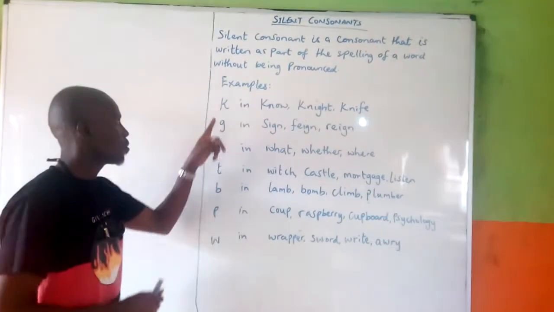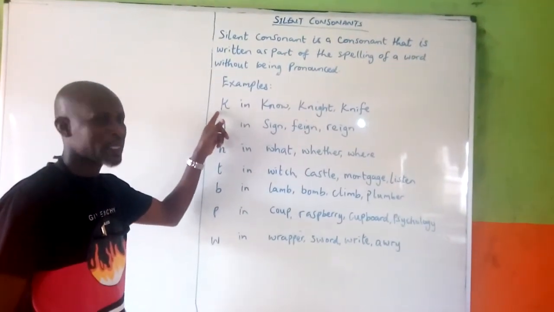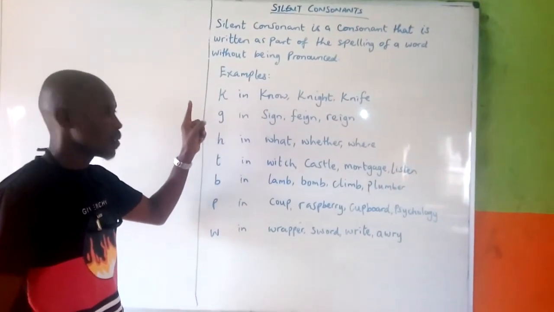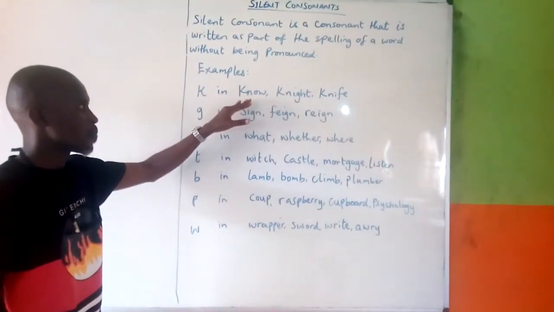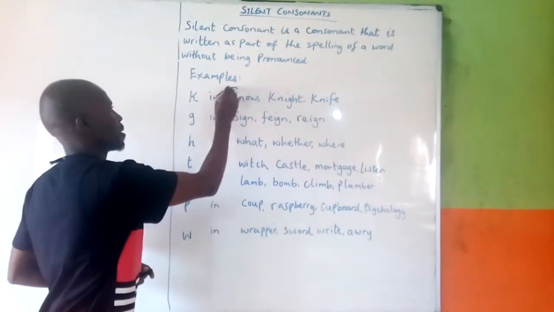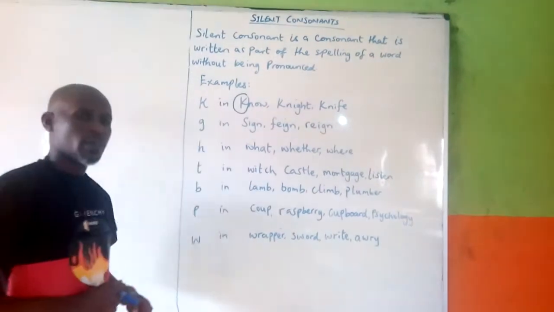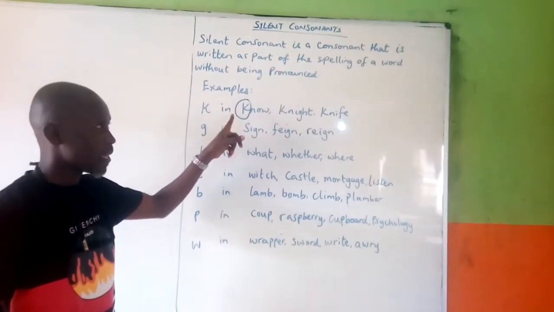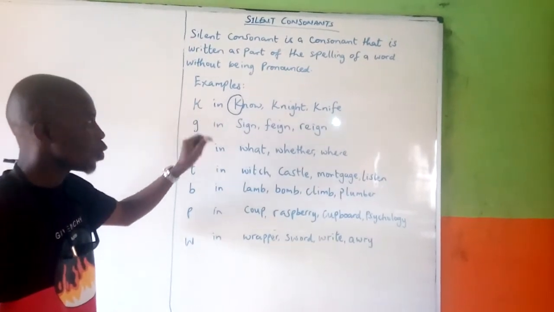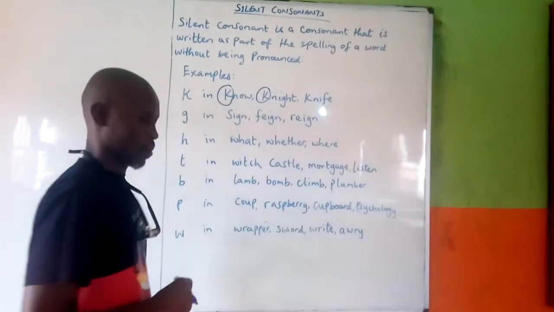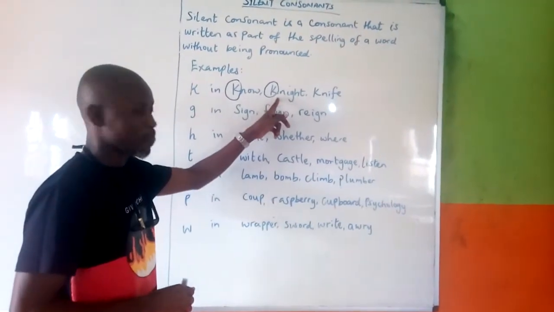The first example is this sound. It's a consonant sound, it's actually a vowel sound, and it's pronounced, but in the word "no", the letter K is silent, and the letter K is a silent consonant. So in "know", the K is silent. Now in "night", the letter K is also silent in the pronunciation.